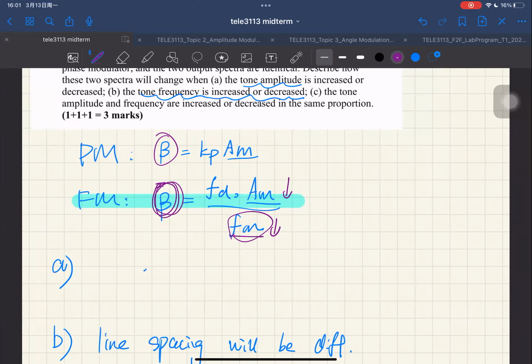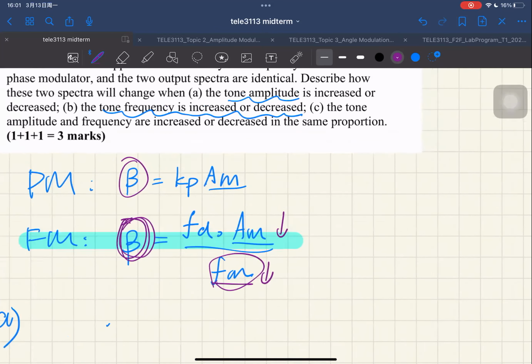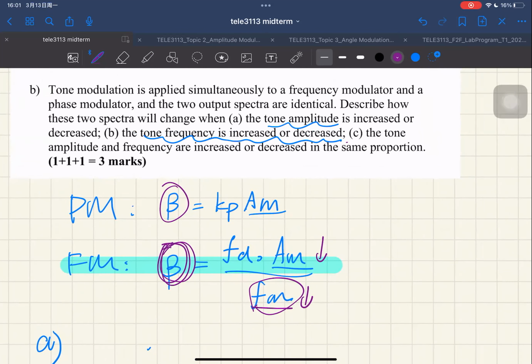A question on that? Okay. And for part C, you got the tone amplitude and frequency both increased or decreased in the same proportion. So your line spacing, of course, is going to be affected in the same way because your tone frequency changes.